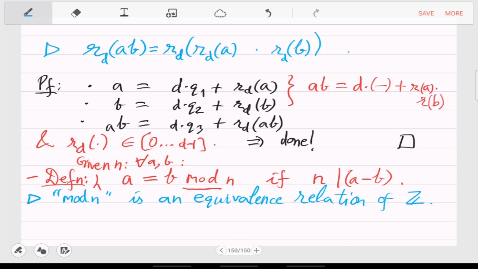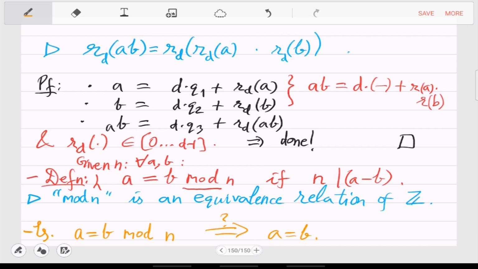Okay, so just as an example, how far is this equality from the actual equality? For integers a, b, when will you be able to deduce that a equal to b mod n implies a equal to b?